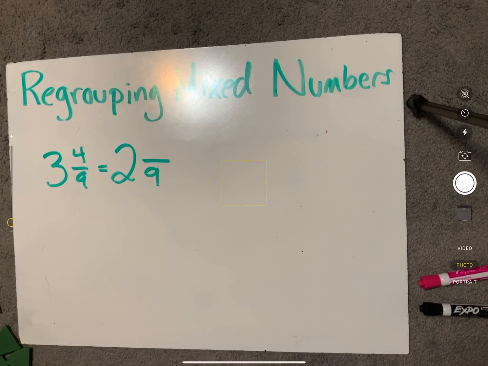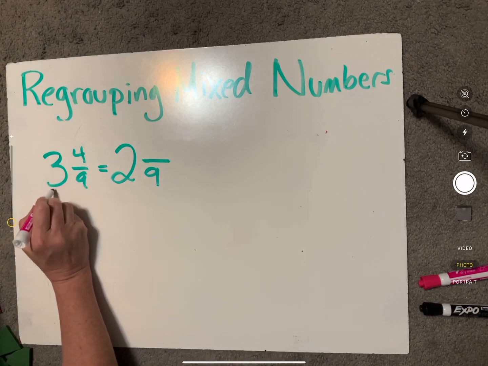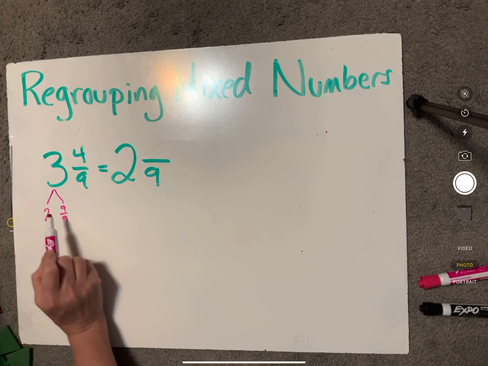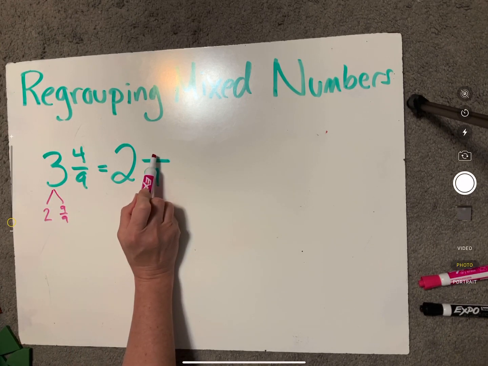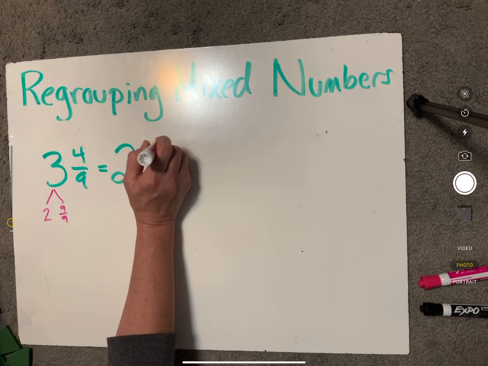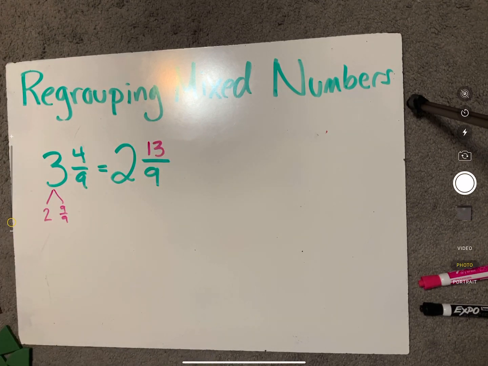Okay, so that's what we're looking for. So if I were to break out this 3 into a 2 and 9/9, what would this numerator be? I have 9/9 plus 4/9, so this would be 13/9.